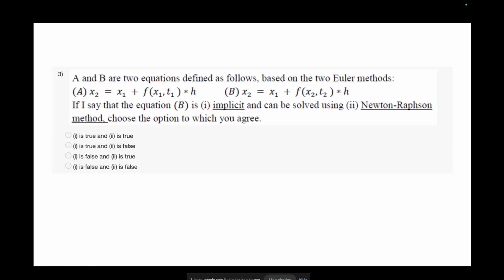So that is what is known as an implicit function or an implicit differential equation. If you are defining the differential equation on the basis of itself, x2 is defined on the basis of itself. That is how an implicit function is defined. We have not talked about Newton-Raphson methods, but the Newton-Raphson method is the ideal choice to solve implicit differential equations. So the answer will be that both of them are true.